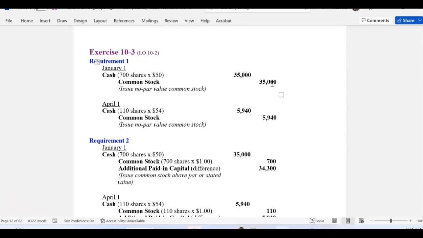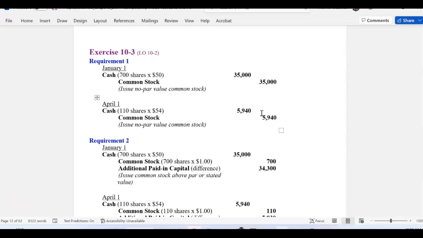And common stock will be credited to record the issue of common stock. On April 1st, we issued an additional 110 shares, times $54 based on the market price of the day. That's $5,940 of common stock. Cash debit, common stock credit.